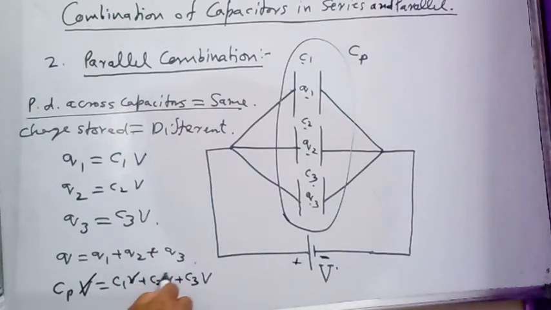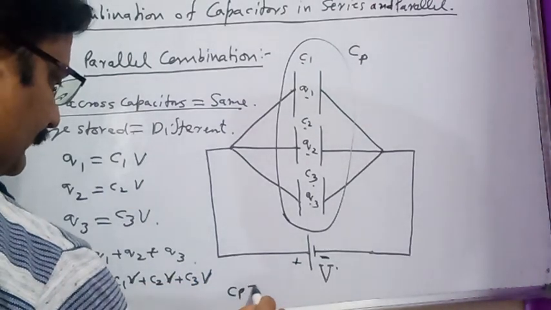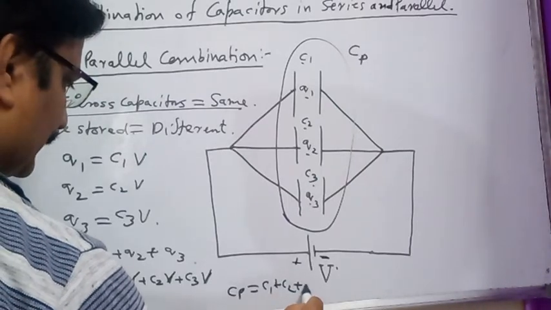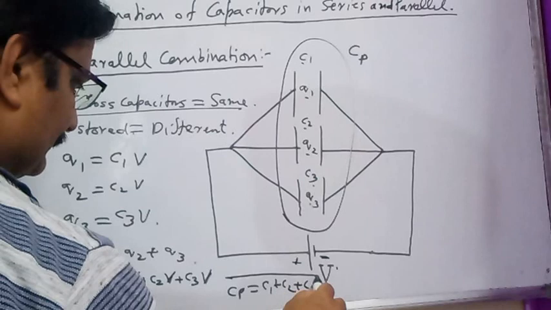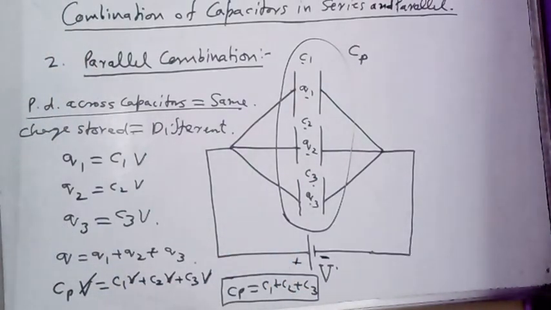As V is common, it cancels out, and capacitance of this parallel combination, equivalent capacitance, can be written Cp equals C1 plus C2 plus C3. This is going to be the formula for equivalent capacitance of parallel combination of capacitors: C1 plus C2 plus C3.